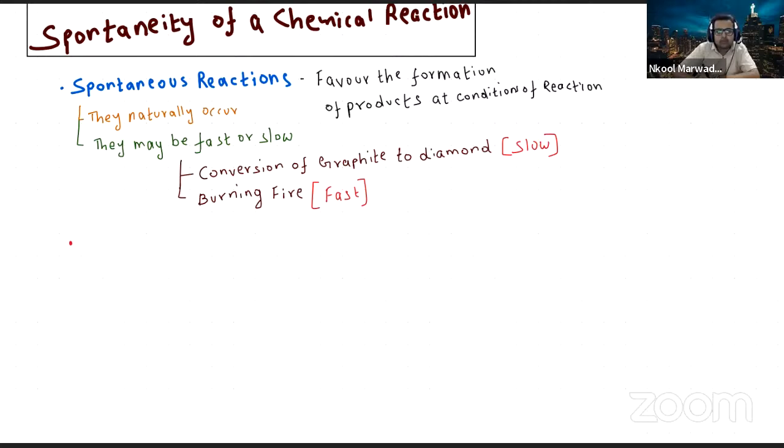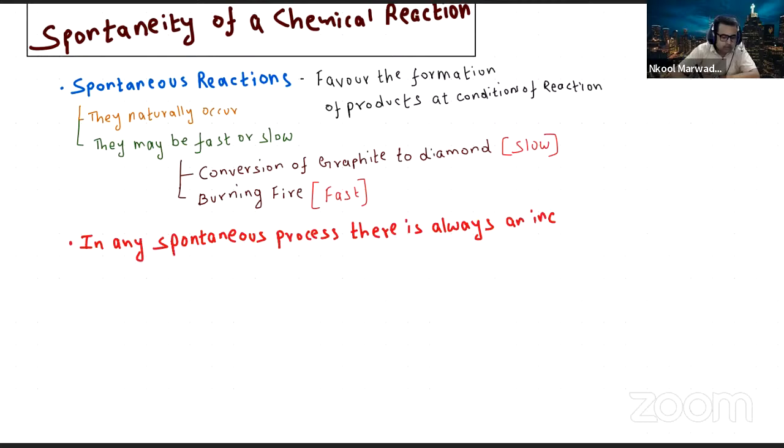In any spontaneous process, there is always an increase in the entropy of the universe.